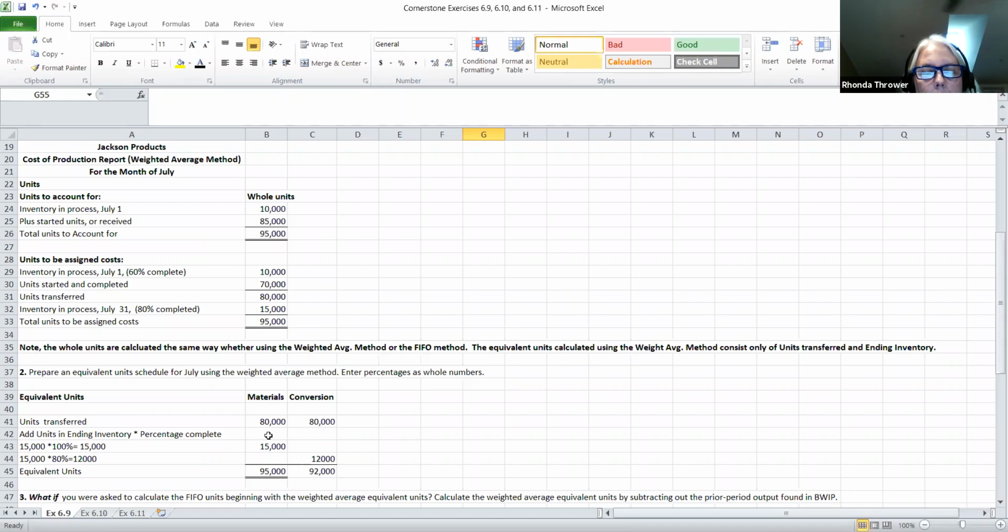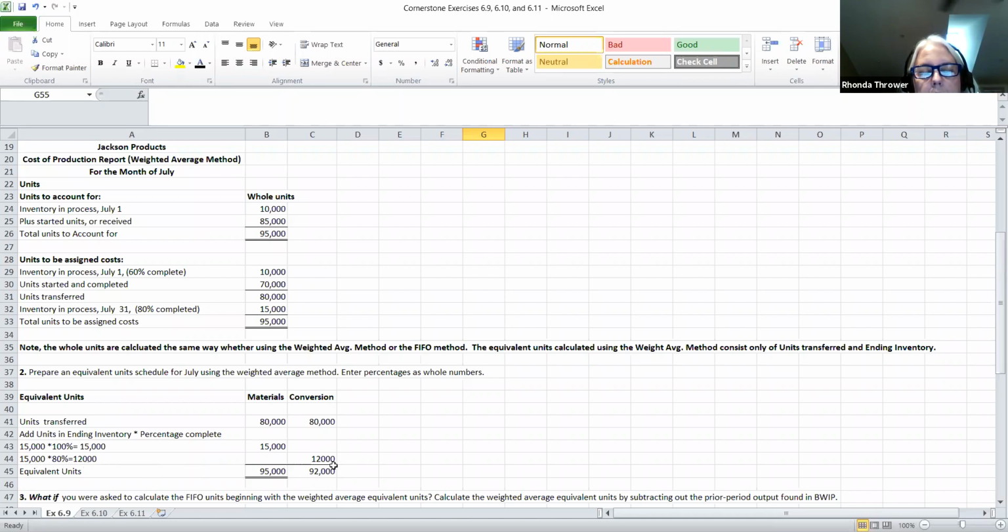Then to determine the total equivalent units for materials, we add the units transferred and the ending inventory units together, which means that the total materials equivalent units is 95,000. For your conversion, all of them were finished that were transferred out with respect to conversion, but only part of the ending inventory units were finished with respect to conversion.